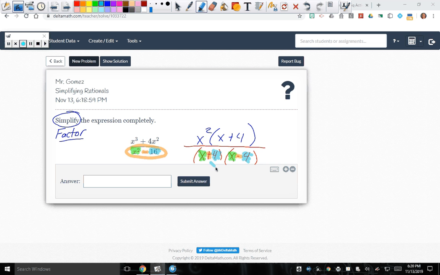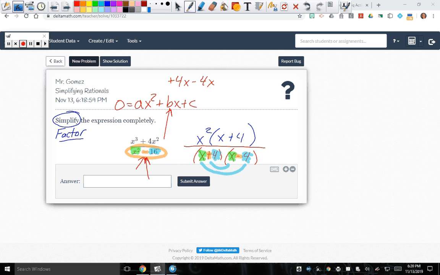And a positive and a negative 4, guess what they give me? They give me 0. That's why you don't see an x term there. You know what I mean? Standard notation is ax squared plus bx plus c. There's nothing there. There's no x there.